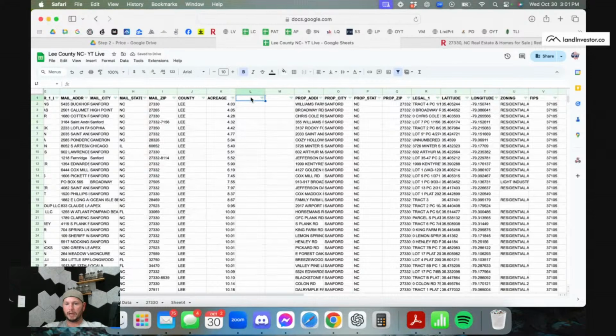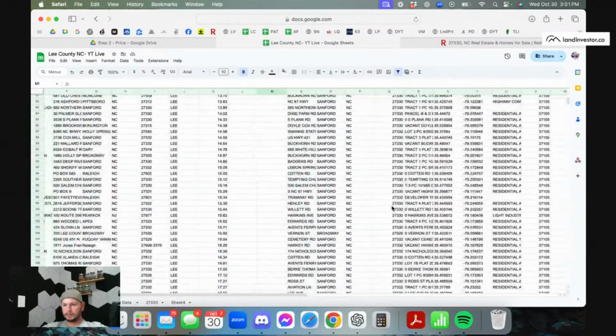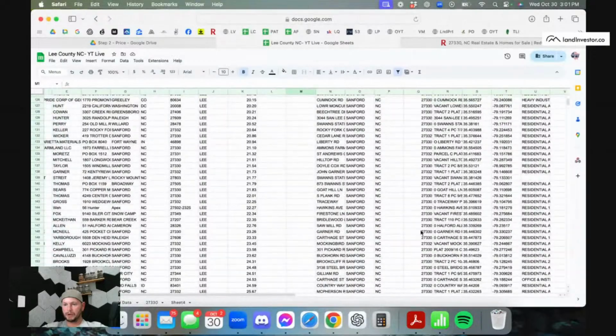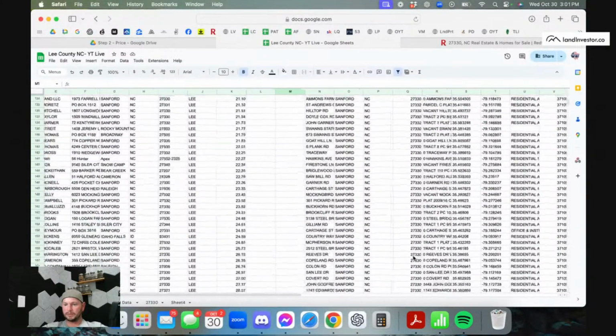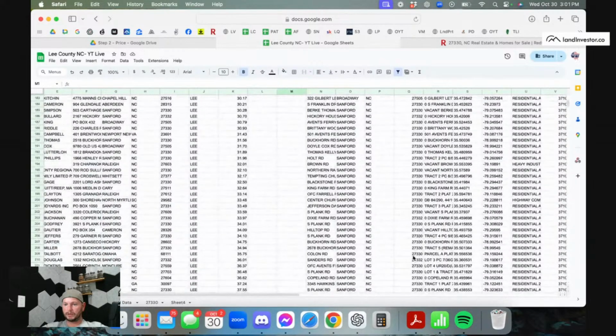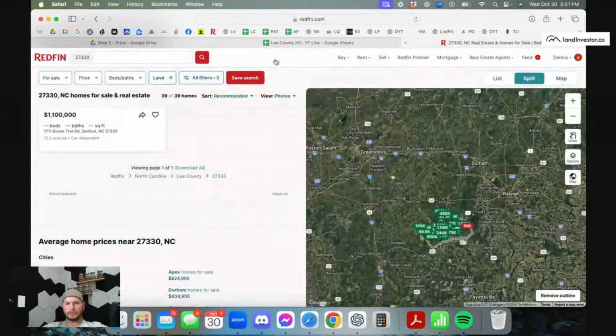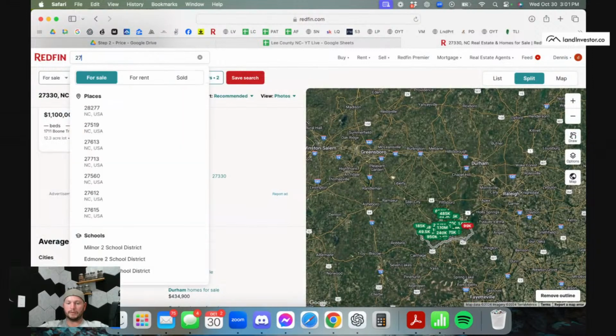So this is PPA. I'm just looking. The majority of these properties are in 27330. So 27332. Let's check out 27332.